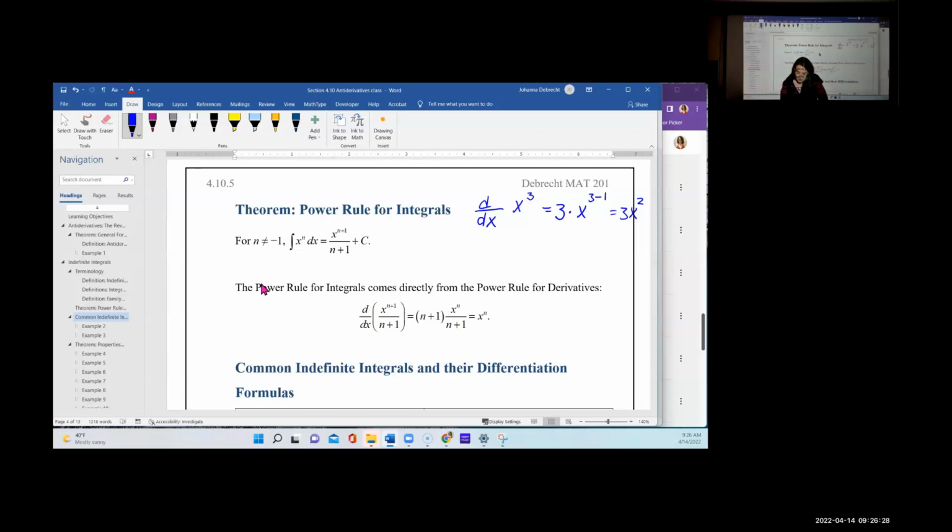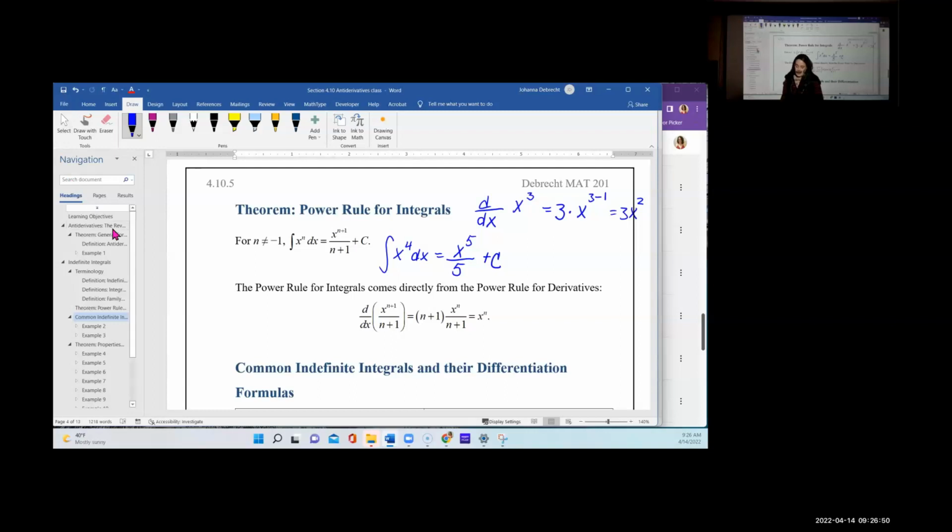So for example, if we had the integral of x to the 4th, the antiderivative with respect to x, then we would add 1 to get the power of 5 and divide by the new power of 5, and then it would be good up to some unknown constant plus c.